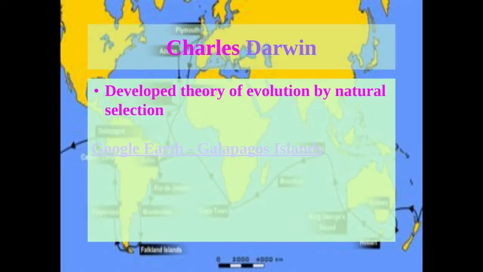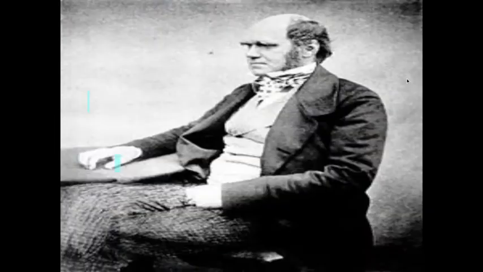So he went all over. He studied the plants and animals that were there and really paid attention to what he was seeing. That helped him develop his theory of evolution by natural selection. And this is what Charles Darwin looked like.